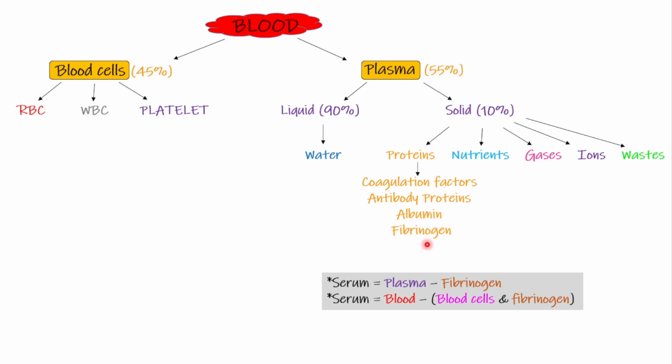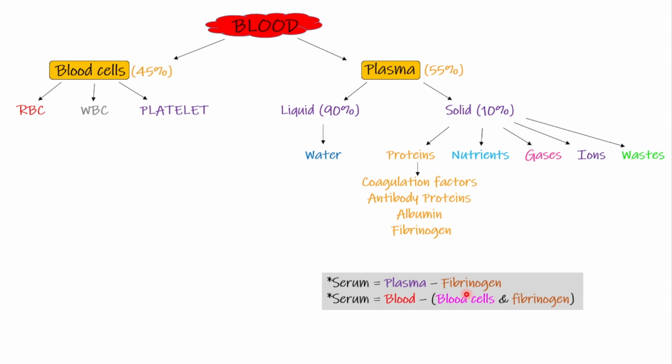So the blood other than the blood clot will be the serum. Serum is plasma without fibrinogen. Now these were the components of the blood.